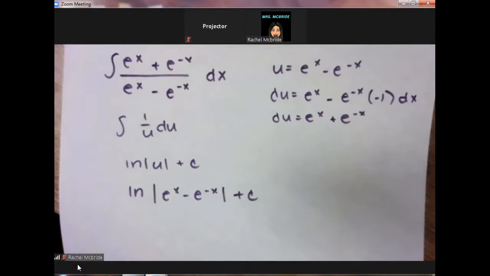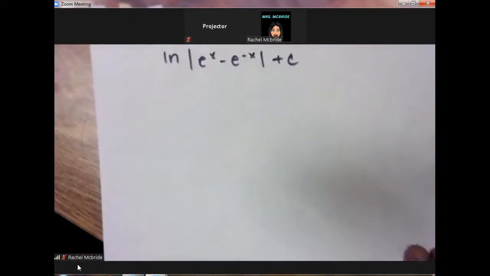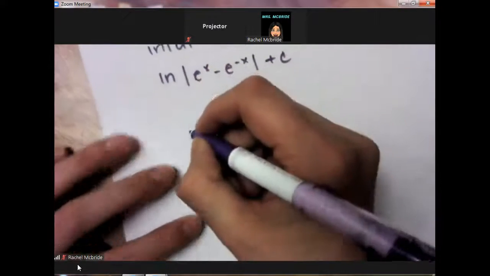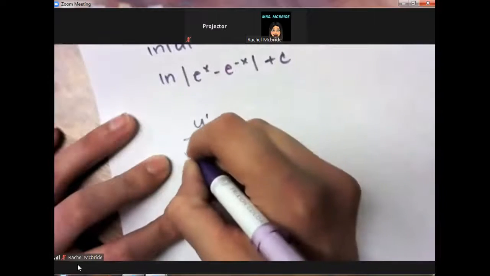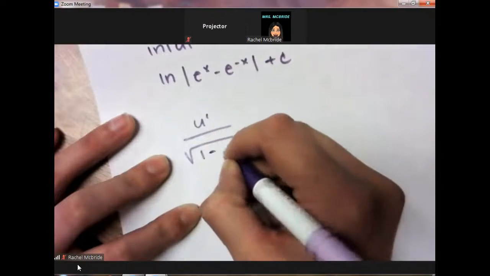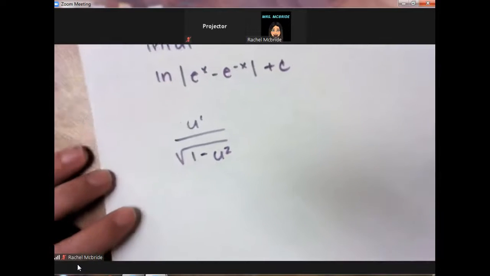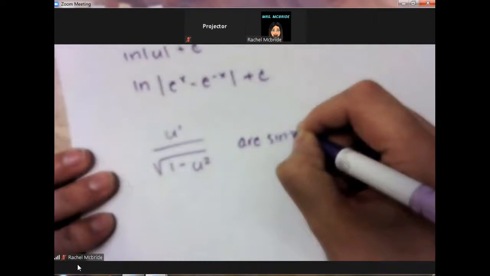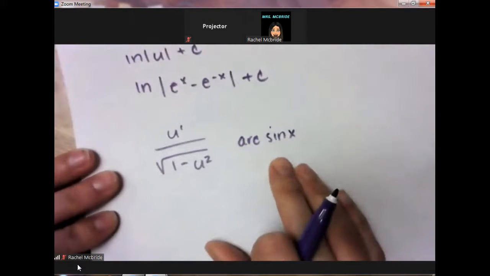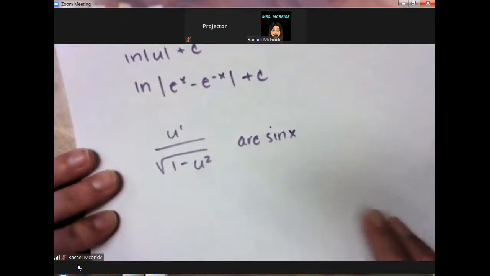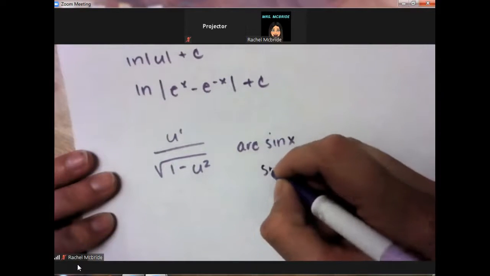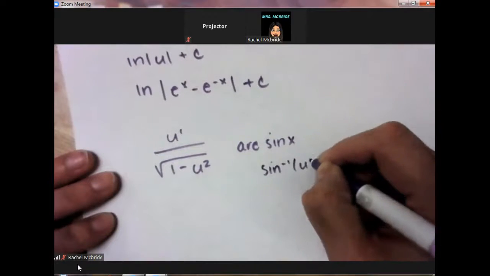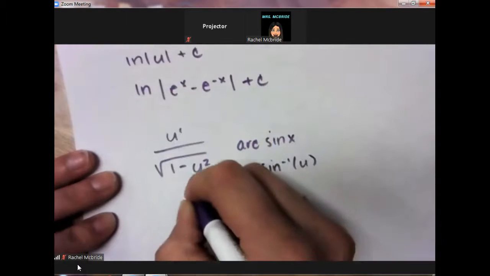Anytime you see that u prime over the square root of 1 minus u squared, that's your arcsine, which again shouldn't be on the AP exam. You do need to know the derivative of arcsine to get to that answer. So if you had sine inverse of u, its derivative is this.